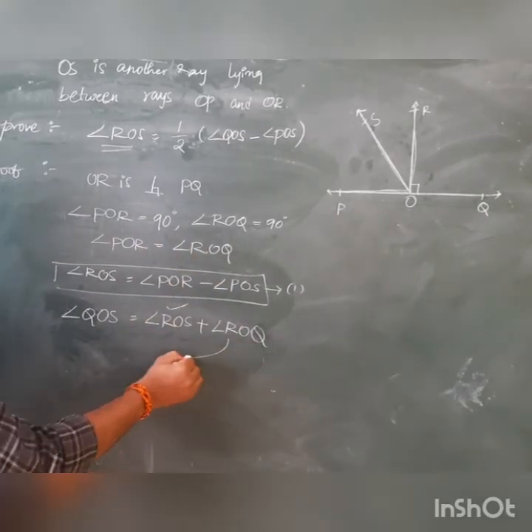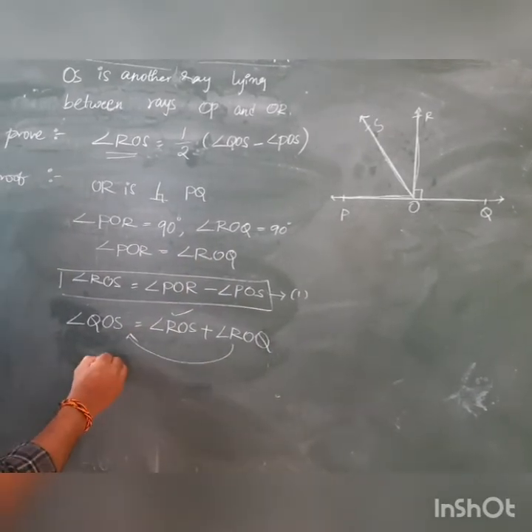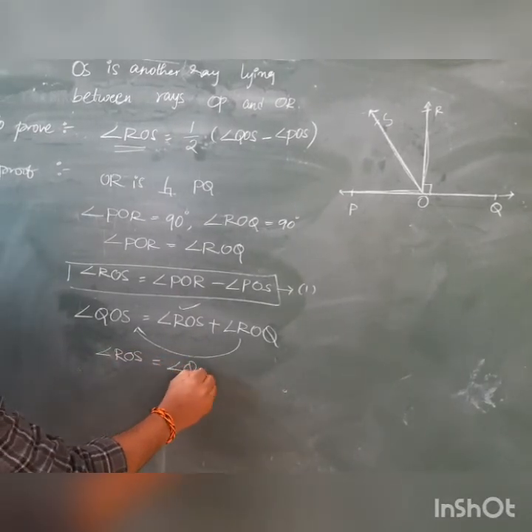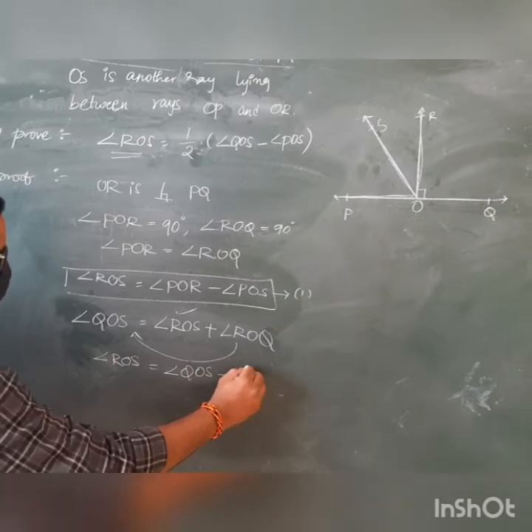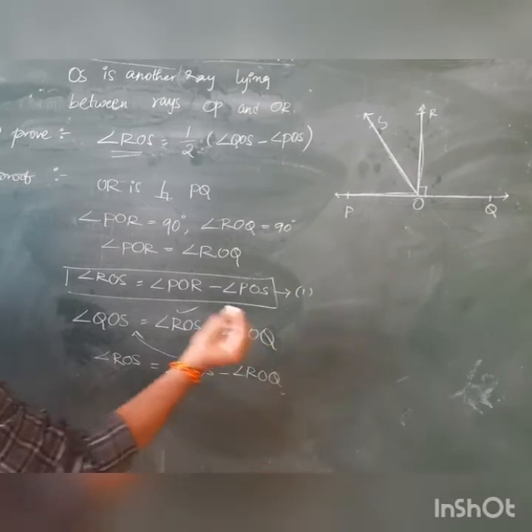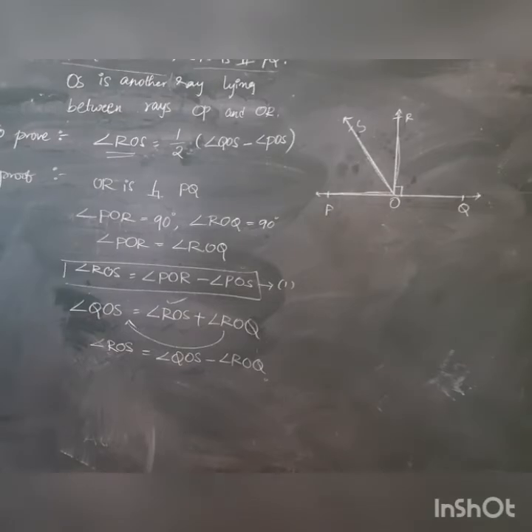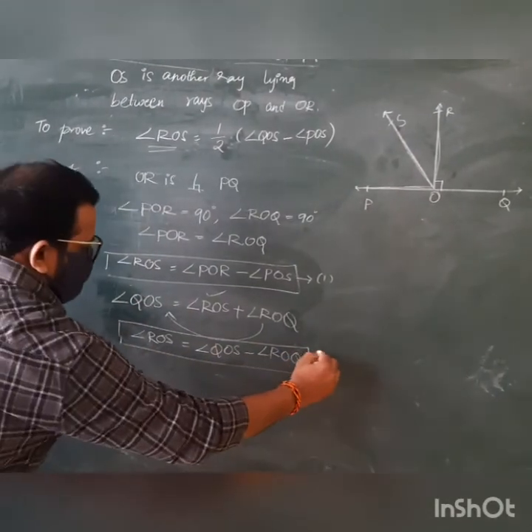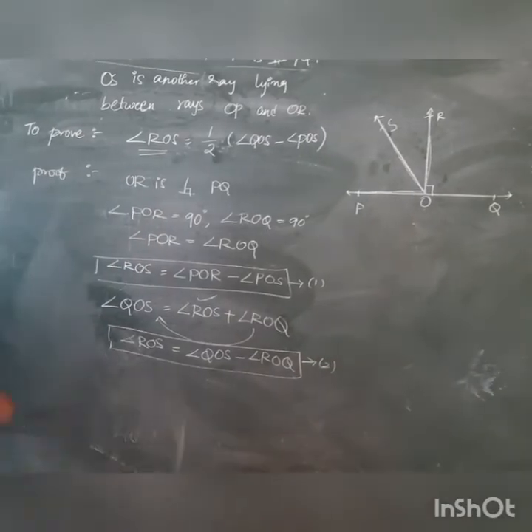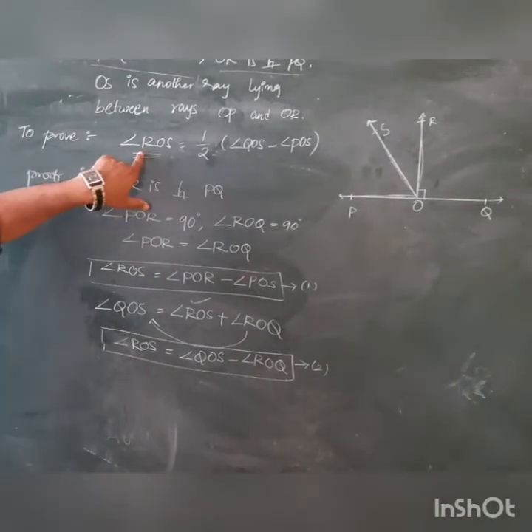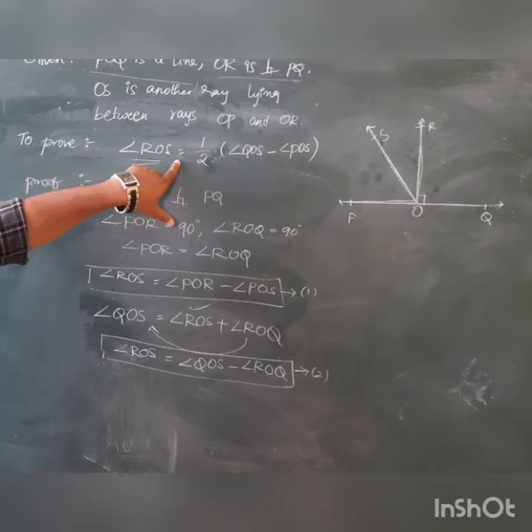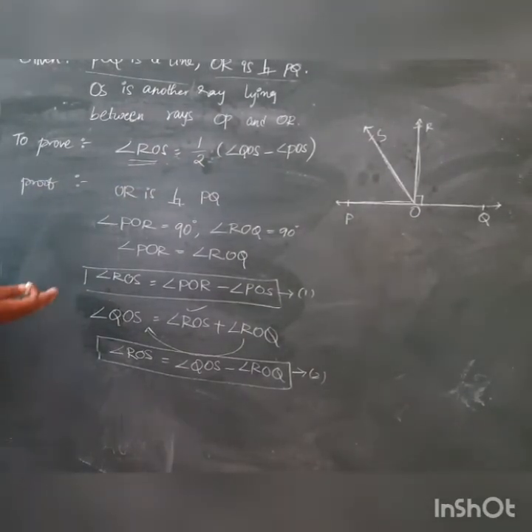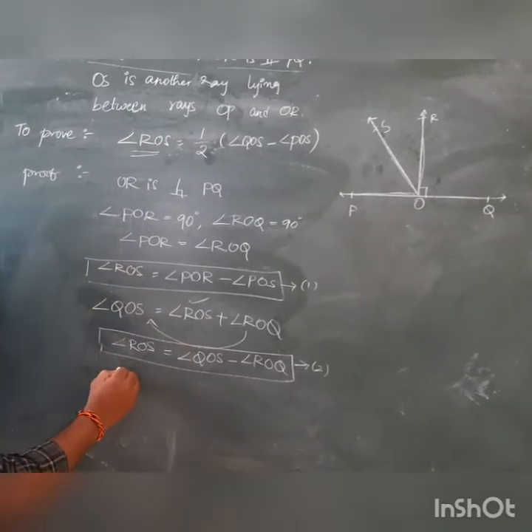So take this ROQ to the other side, we will get angle ROS equal to angle QOS minus angle ROQ. This is 2. Now according to the question, we need angle ROS equal to half into angle QOS minus angle POS.